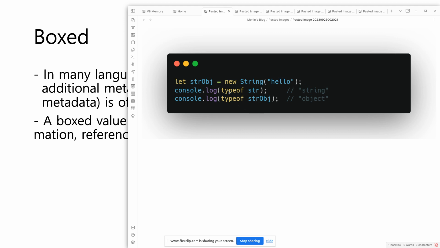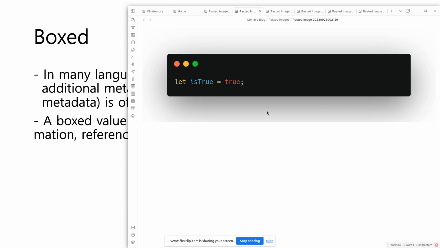If we console log the typeof the string, we get an object. Why? Because we used a method to convert it. So this is called boxed, and it's not stored in the stack. It's stored in the heap.